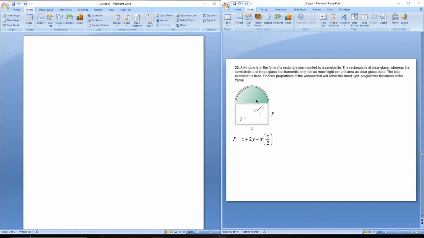And let's take a look at the shapes we have here. So we know the area of a circle, a full circle, is pi r squared. And to get half a circle, we'll just divide by a half. So the area of our half circle is pi r squared divided by 2. And again, we know what r is. It's x over 2. So I'll just substitute that in.